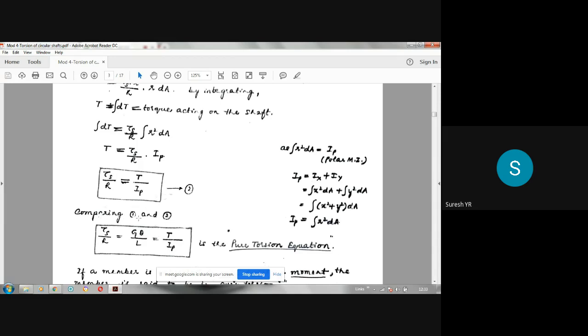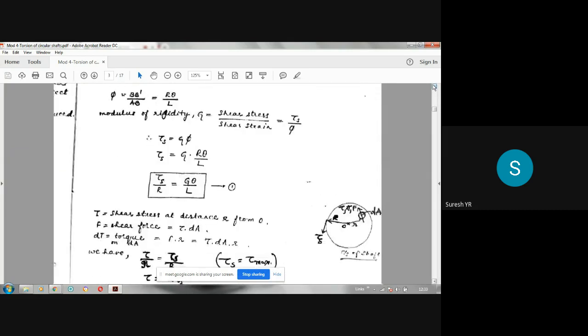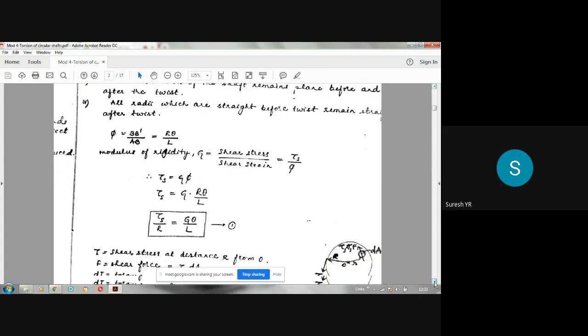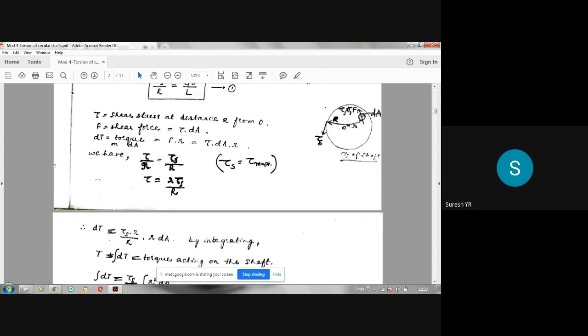Okay. So there are two steps in the derivation of the torsion equation. In the first step, from the definition of phi and G, we got this relation. In the second step, we wrote the expression for the torque acting over a smaller area dA, which is given by tau into dA into R. Here tau into dA is the shear force, and shear force multiplied by radial distance gives the torque.